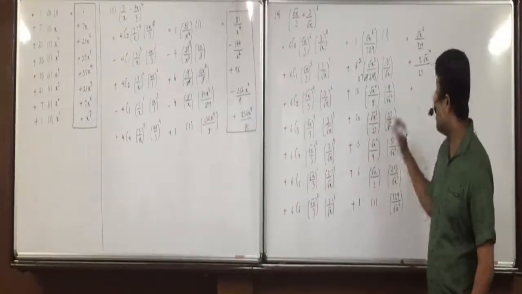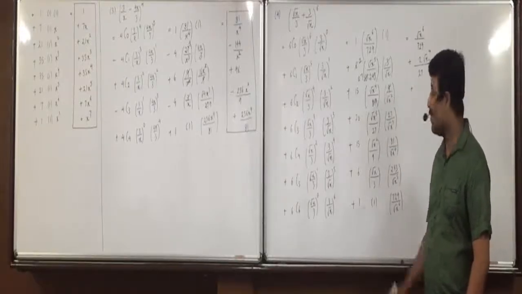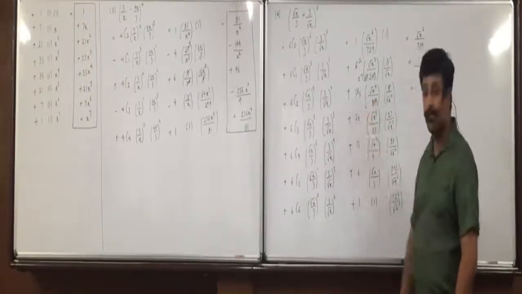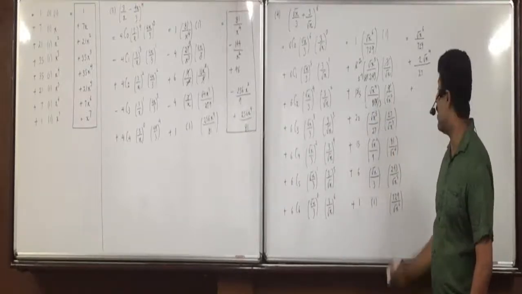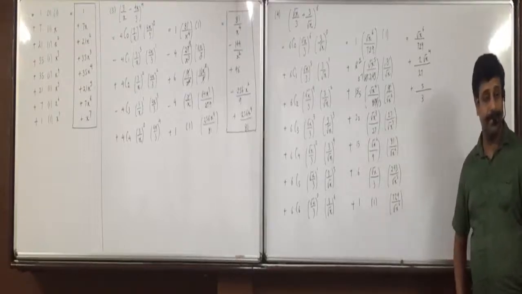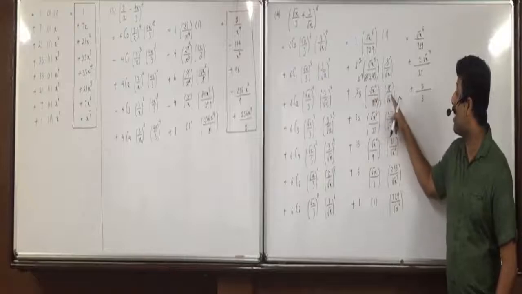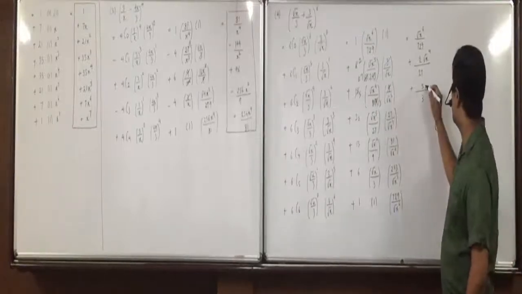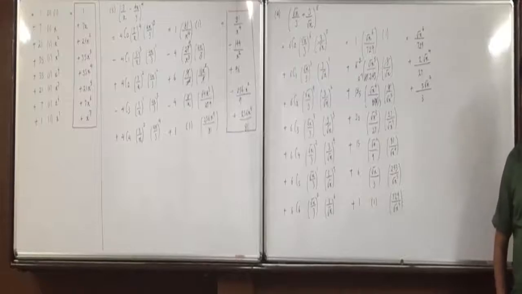Now see here. 9 into 9, 81. 3 into 5, 15. 3 into 3, 9. What will remain? 5 by 3. Where do you have higher power? So what is 4 minus 2? 2. Root x square. Any doubts up till here?